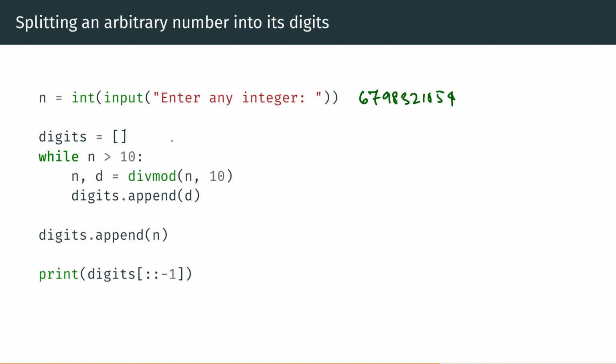So it will first have 4, and then 5, and then 0, 1, 2, and then 3, 8, 9, 7, 6. So if you want to print the digits, all you do is print the list in reverse. And this gives you an idea of how to perform this action on an arbitrary number of digits.